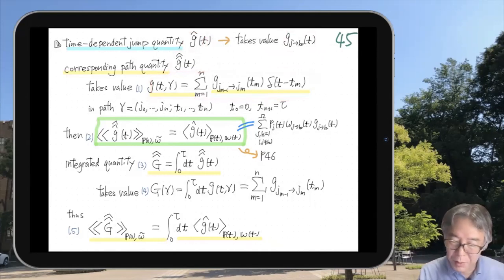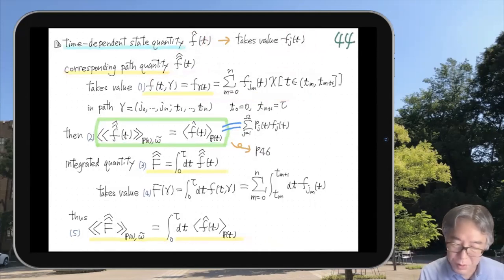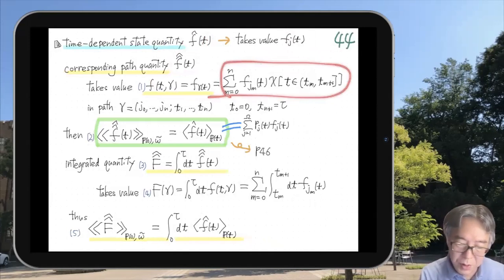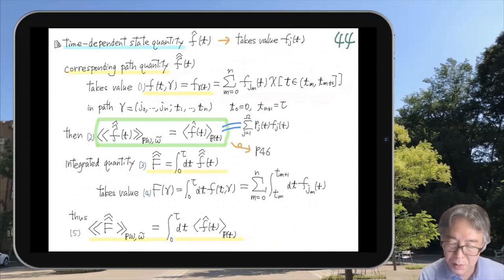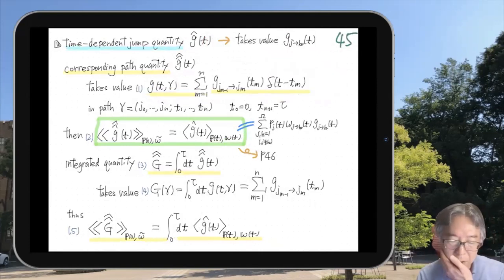Now I want you to recall the definition of the path quantity corresponding to f. In that case, we wanted to sum over all the states visited by the path, so we had this characteristic function here.